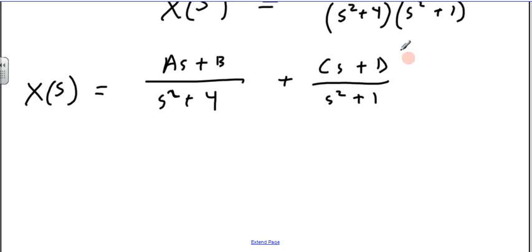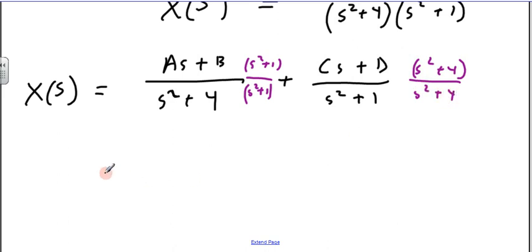And now I'm going to go the other way. I'm going to multiply this guy by s squared plus 1 over s squared plus 1, and this guy s squared plus 4 over s squared plus 4. So I have the same numerator when I get done, and the same denominator.